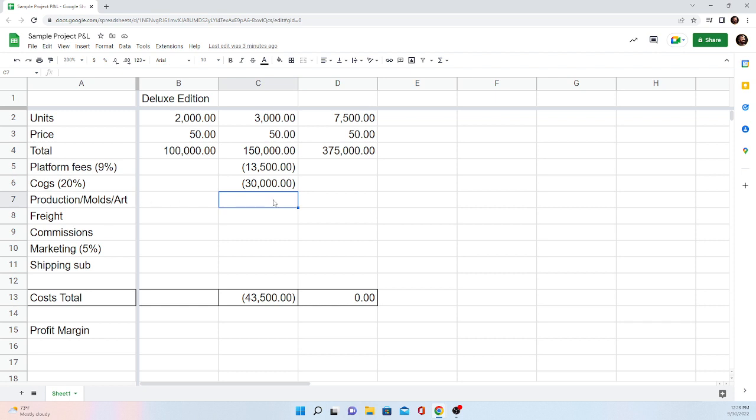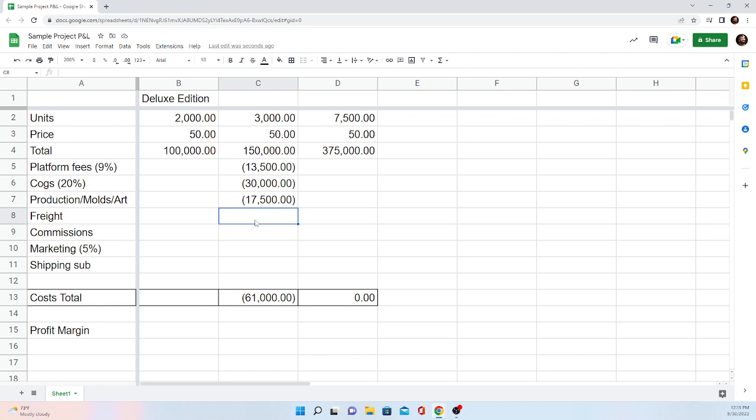So in this case, let's just say you spent 10 grand on art, you've got about 5 grand in molds, and then about 2,500. I think I just did that math in my head. Should be 17.5. So anyway, you're just going to have to put whatever those costs are into that bracket.